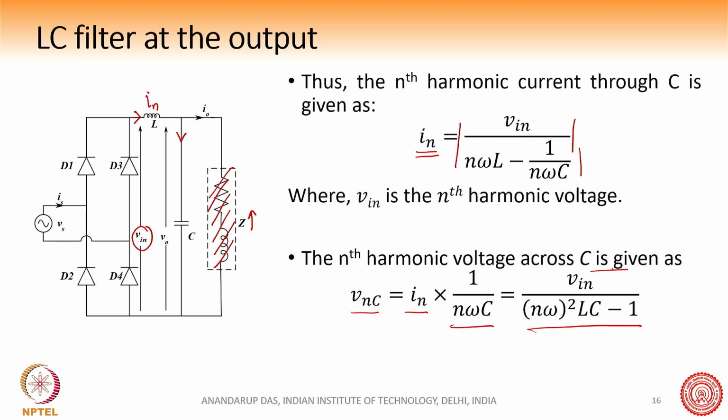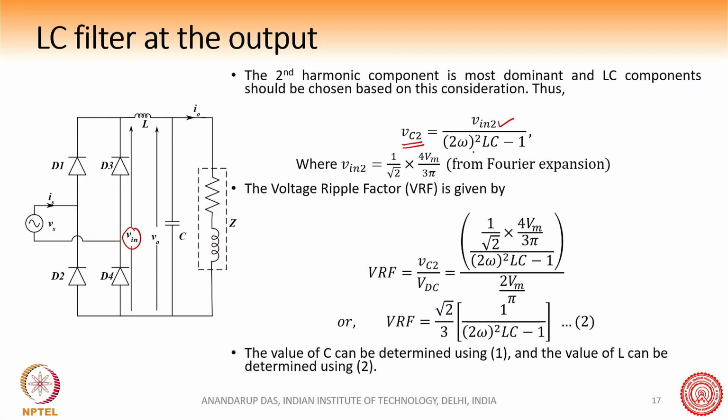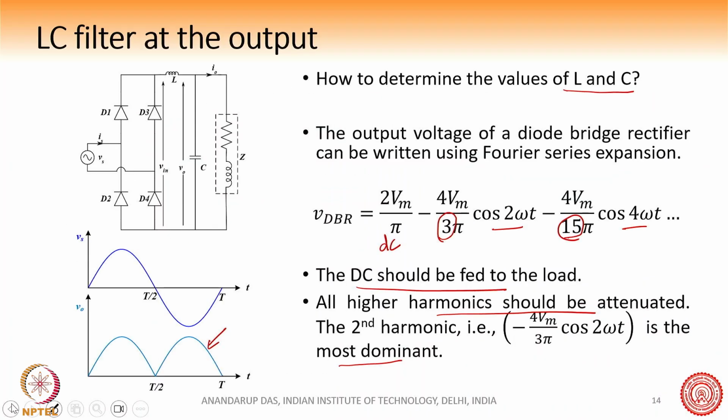From this equation, the next equation comes by putting n equal to 2. Vin2 we have already found from the Fourier expansion. If you see here, this is Vin2, the second harmonic voltage.